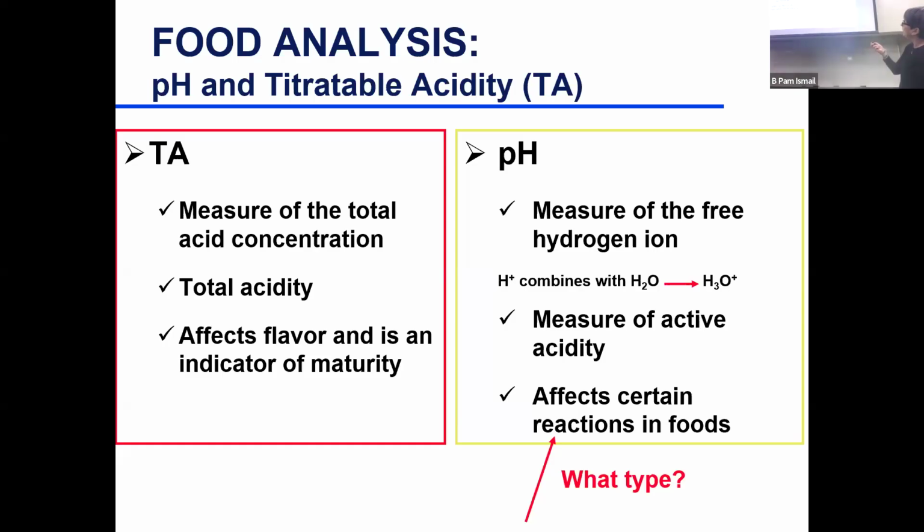So H plus with water forms the hydronium ion, and that's what decreases the pH. All right. So it measures the active acidity, meaning the dissociated acid. And pH is really a parameter that impacts certain reactions in food. Can you give me what type of reactions pH influences?